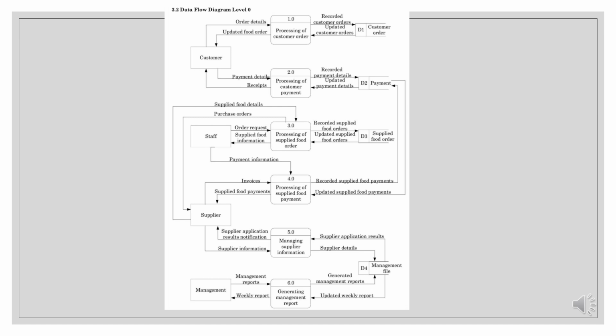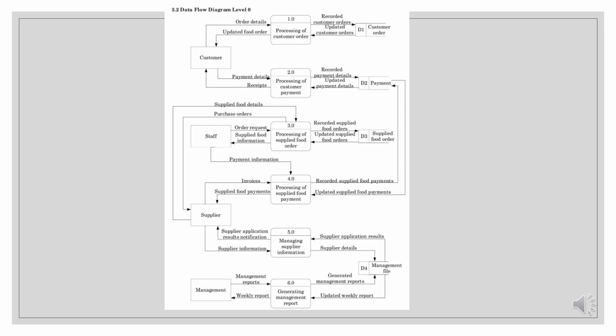From the process 4, it has one output which is supply food payment to the entity supplier, and the entity supplier will give an invoice. Another output of the supplier is the supplier information to the process 5, and the process 5 will give an output which is supplier application result notification to the supplier. The other output of the process 5 is the supplier detail to the database 4.